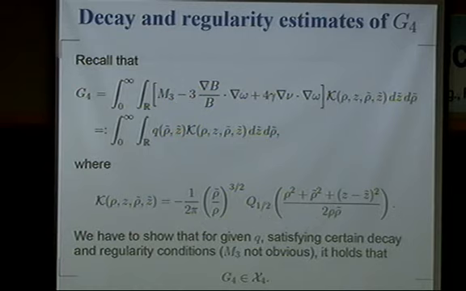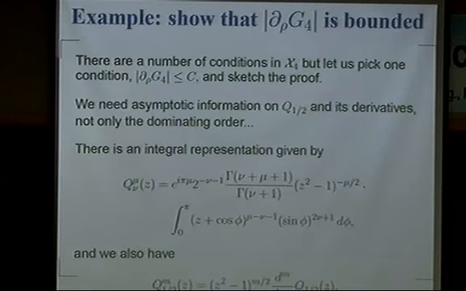And we want to show now that this map is in this space X4. Here we have some regularity conditions and decay conditions. As an example, which is quite typical, I have chosen to take one derivative of rho with respect to G4 and try to show that it is bounded, because I would like to see what the main point here is.